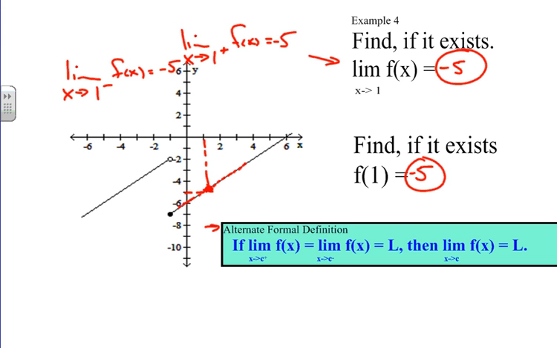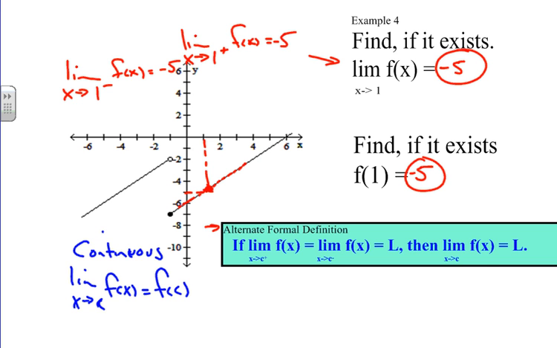So when we have a limit and the function value equal each other, that is actually what we call the definition of continuity, or where a function is continuous. It's continuous when the limit, as x approaches c of a function, equals f of c.